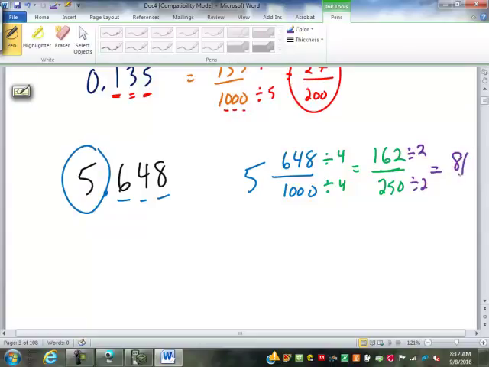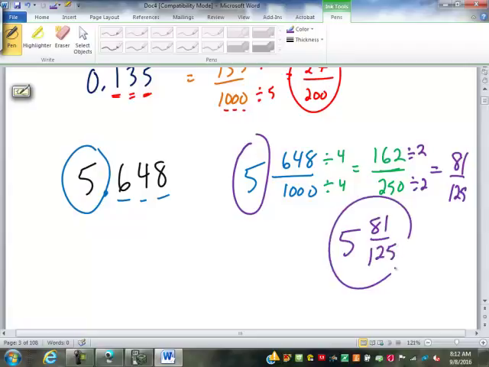Give me 81 over 125. Are we done? Say no. What am I forgetting? Gotta remember the whole number. 5 and 81 over 125. When you reduce something like that, that's the biggest mistake I'll see people make, is they'll forget to go back and put the whole number on it when they're done.